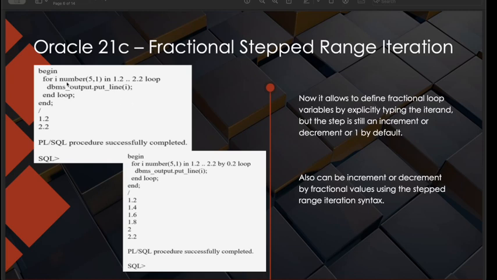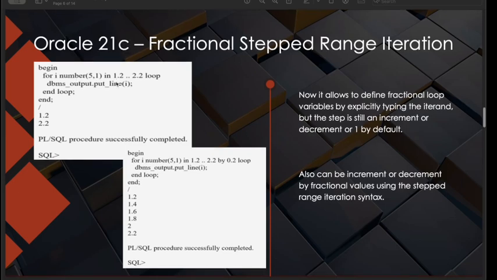As you can see in the example, it is showing for I, and then we are defining the number as a data type 5, 1, and then we are giving the values in decimal, 1.2 to 2.2. Then it will go by 1. Normal increment is the default increment by 1.